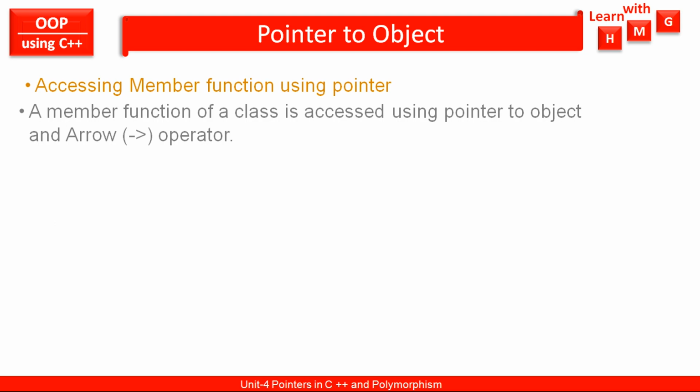This arrow operator is formed using two symbols, that is dash and greater than symbols, and combinedly it looks like an arrow, and that's why it is known as arrow operator, and it is particularly used to call or access the member function using pointer.